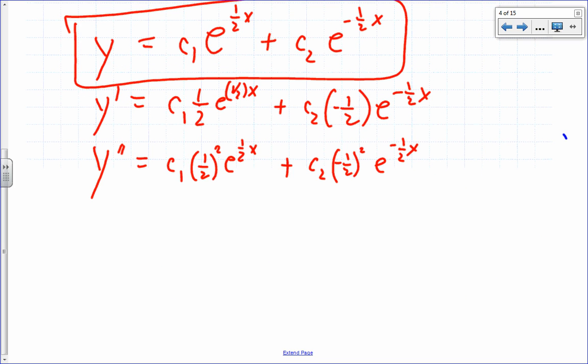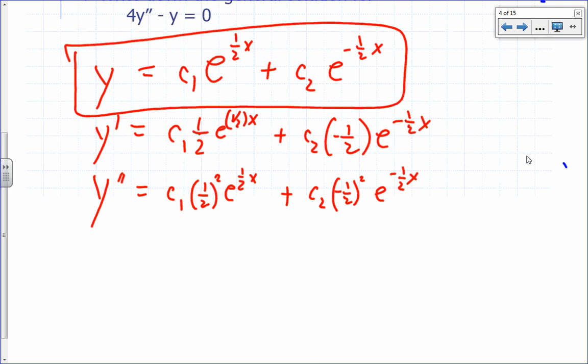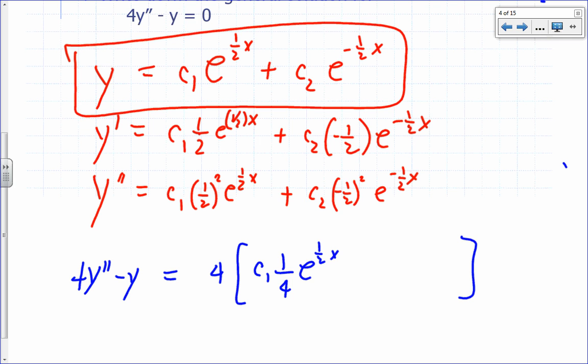So what was our equation? Our differential equation was 4y double prime minus y. So 4y double prime minus y equals 4 times c1 times 1/4 e to the 1/2 x plus c2 times 1/4 e to the negative 1/2 x. That's your 4y double prime.